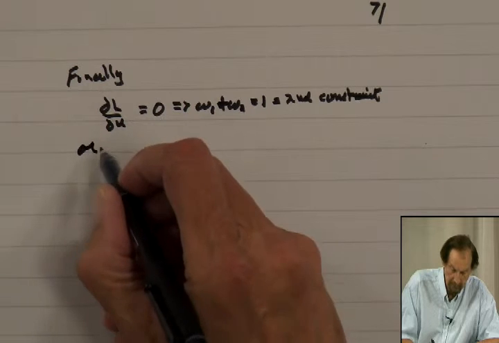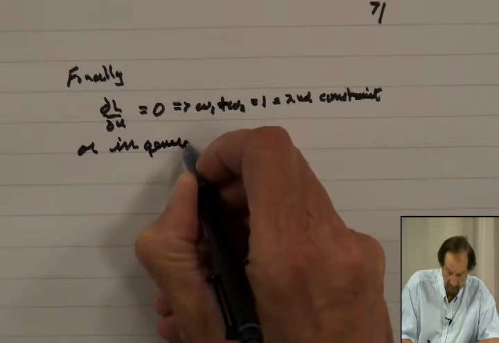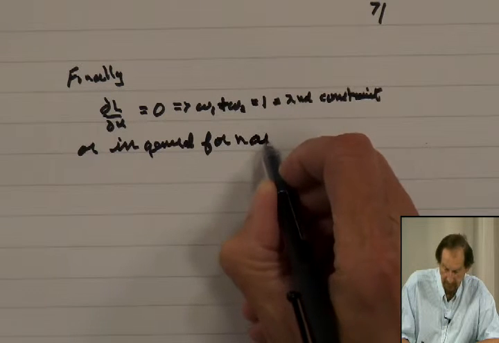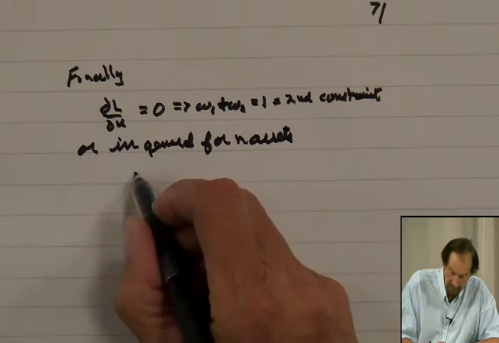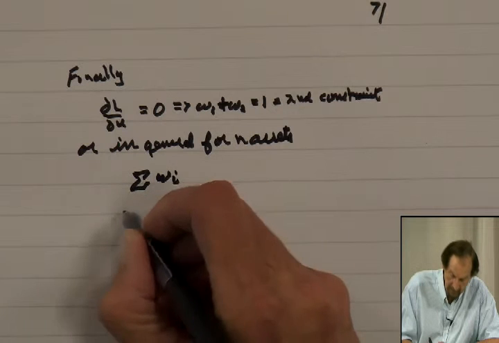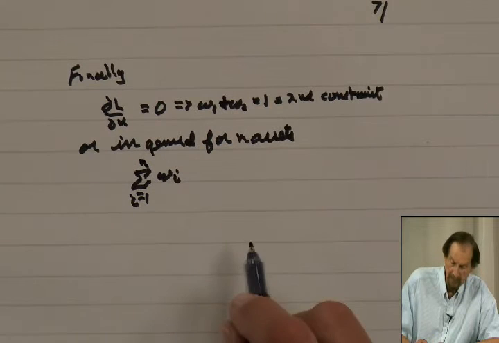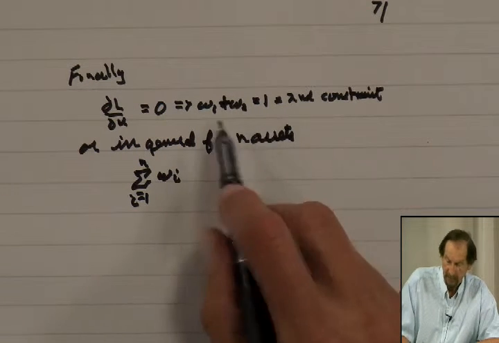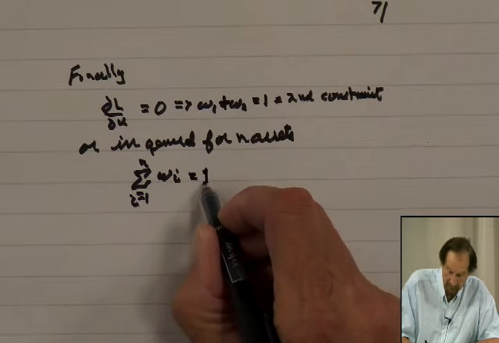Or, in general, for n assets, if we extend this to n assets, we get the sum of the Wi, i equals 1 through n, equals 1.